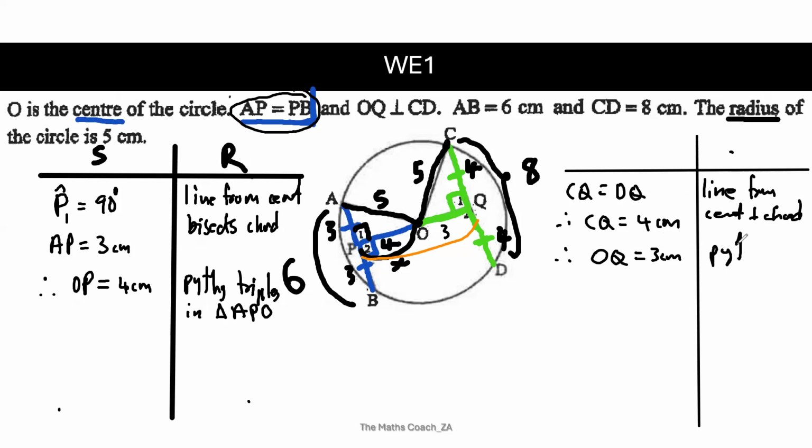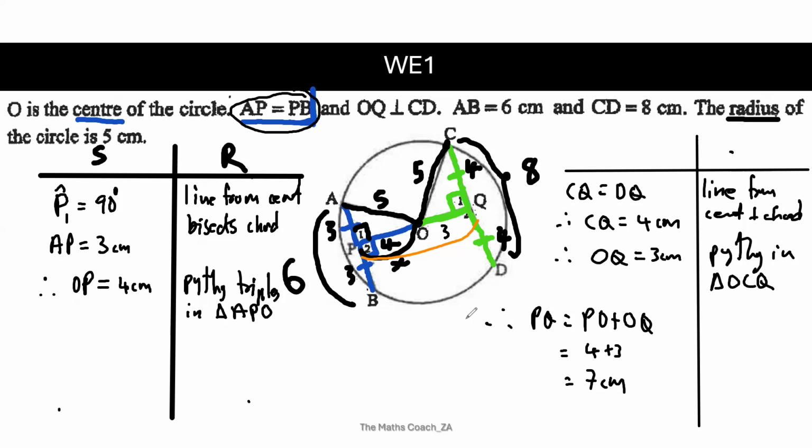Why again? Pythag. You may say in triangle OCQ or OQC, your choice, but it doesn't really make much of a difference at this stage. So finally, we can say, therefore, PQ is equal to PO or OP plus OQ. And this is 4 plus 3, which is 7 centimeters. Lo and behold, we have answered the question in full.